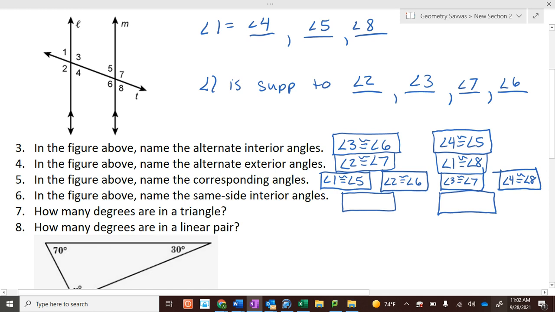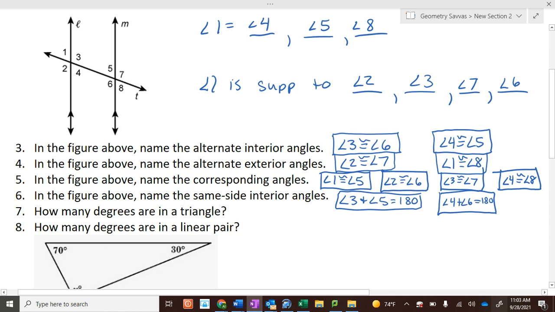What do we know about same side interior angles? They are supplementary. So 3 and 5 are supplementary, not congruent. So angle 3 and angle 5 equals 180. And then, what are the other two? 4 and 6 add up to 180.